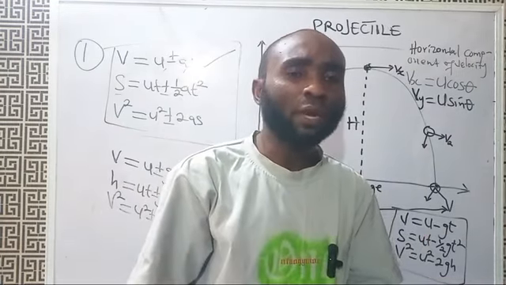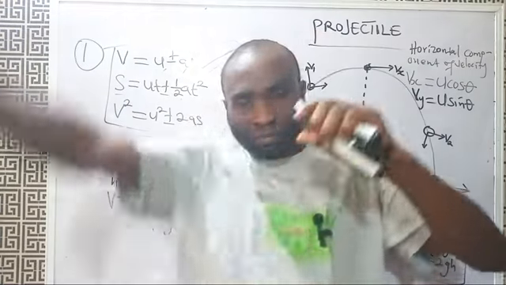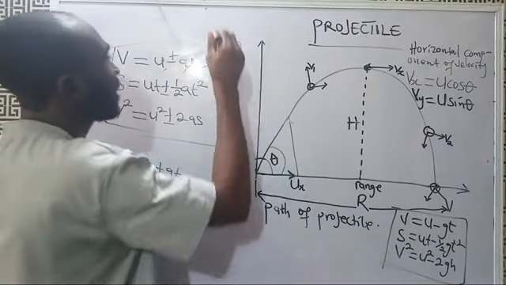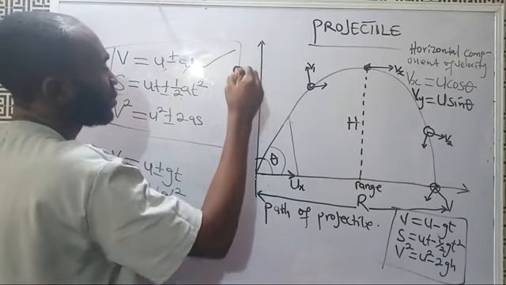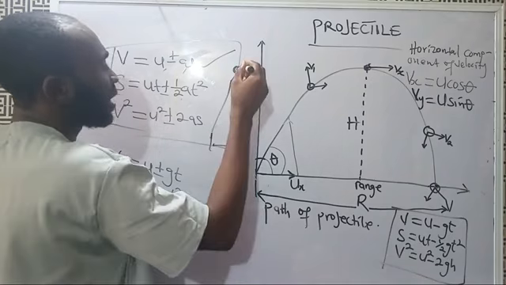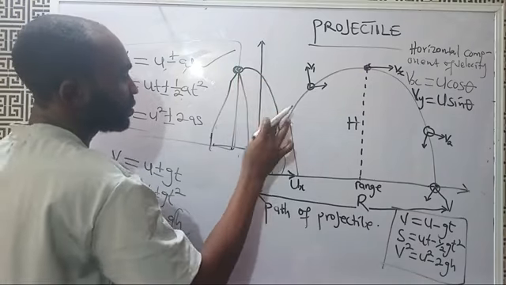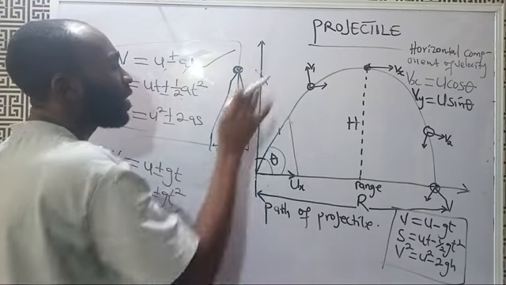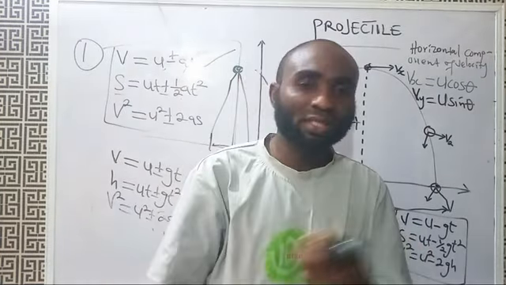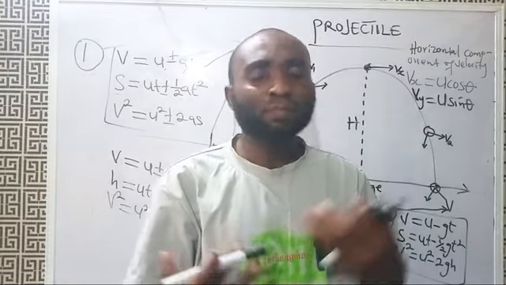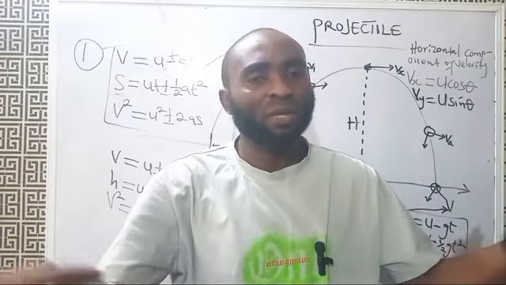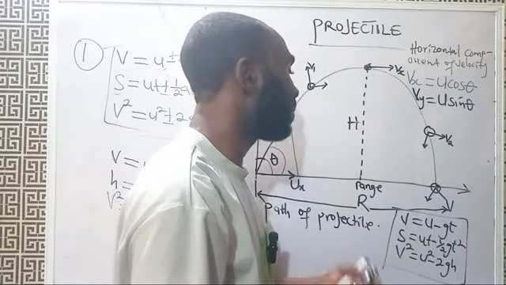But where the object is coming down, maybe you stand at some height, assuming this is a building, and somebody releases something downward, the equations of motion take a positive sign. But if you launch upward, it takes a minus sign.